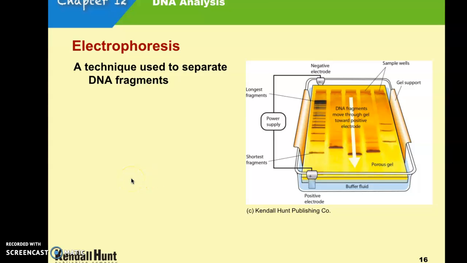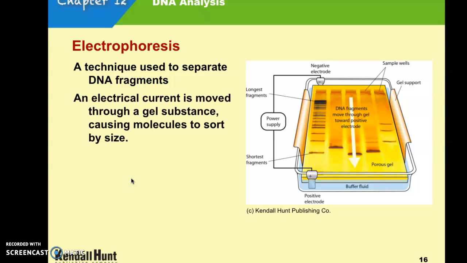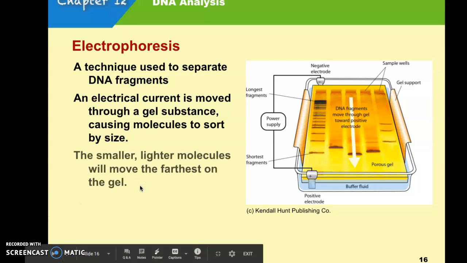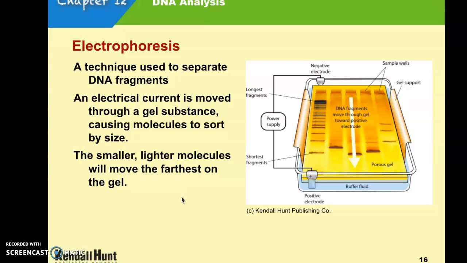So electrophoresis is a technique that is used to separate those DNA strands. The current moves through the gel, and that's what causes the DNA to move because the DNA is repelled by the negative. It is moving towards the positive. And when it moves through the gel, it allows it to separate based on size. Smaller and lighter particles will go the furthest on the gel.